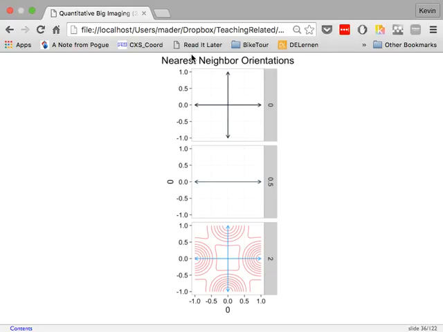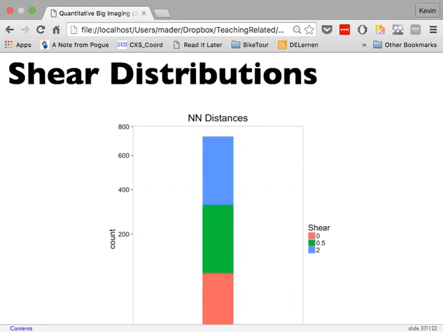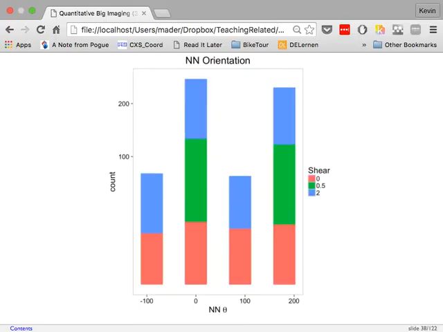Once you've sheared it a lot, it's back to its original state where you don't see that anymore. And the distances are exactly the same, so there's no change in the distances because we didn't change that axis at all. Cool. So here we see the orientation goes from being evenly distributed in every direction to being distributed just at minus 90 and 90.